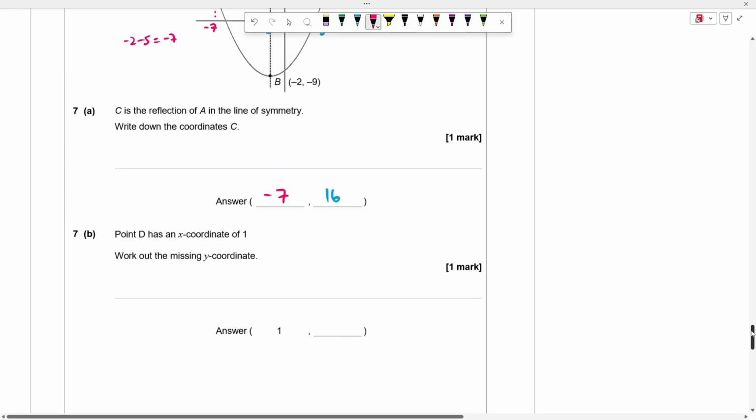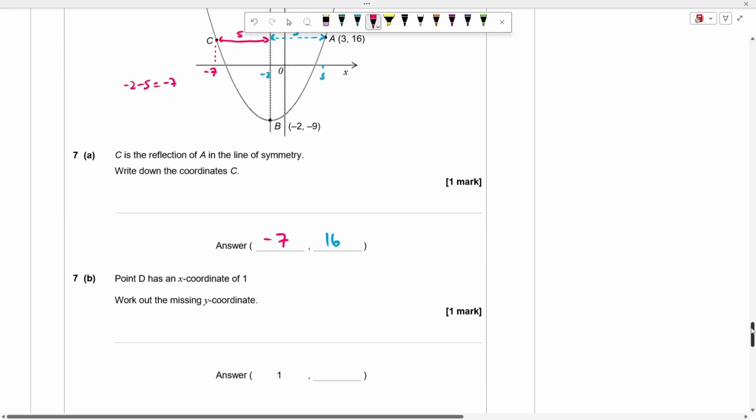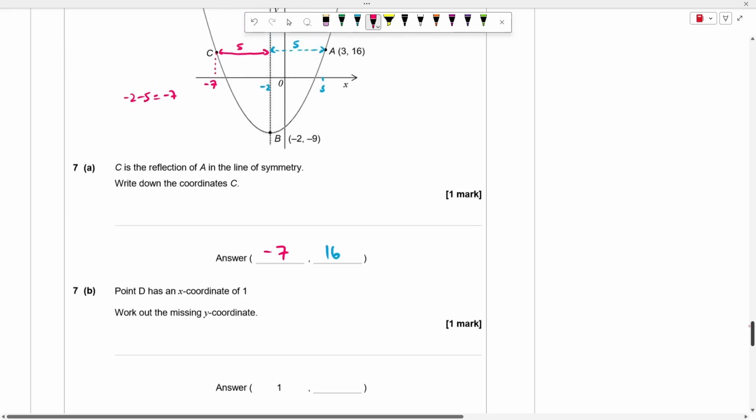Then moving on to question 7b, it says the point D has an x ordinate of 1, work out the missing y ordinate. Well, we don't know the original line, so first of all we need to find out the equation of the curve.